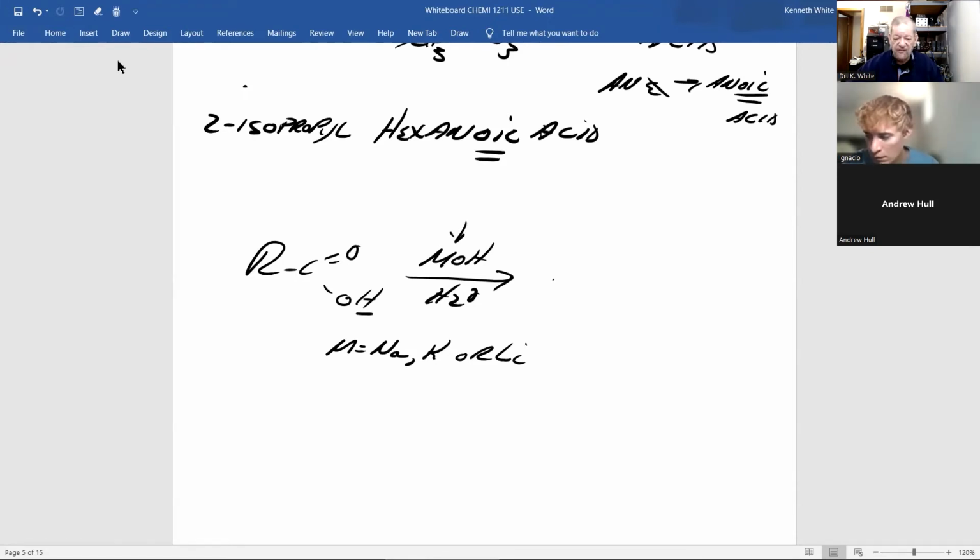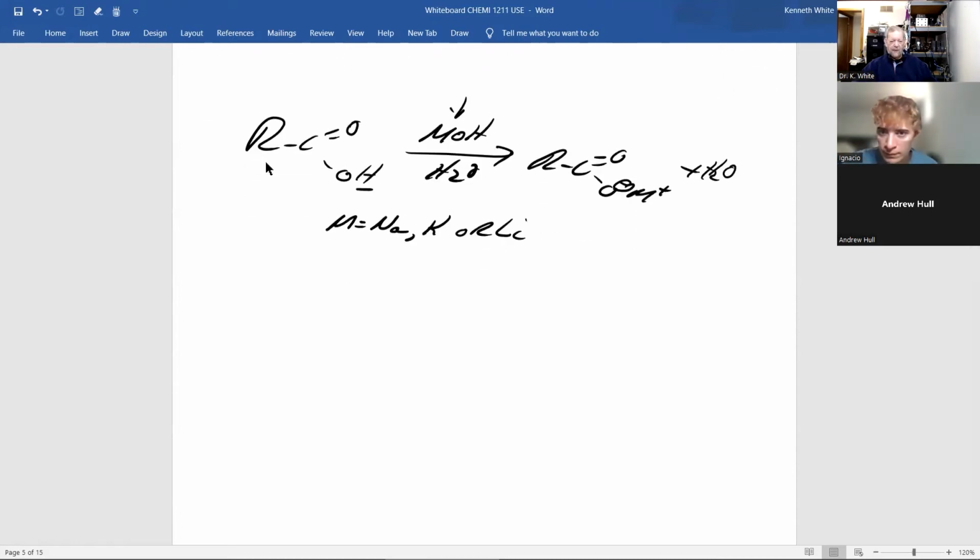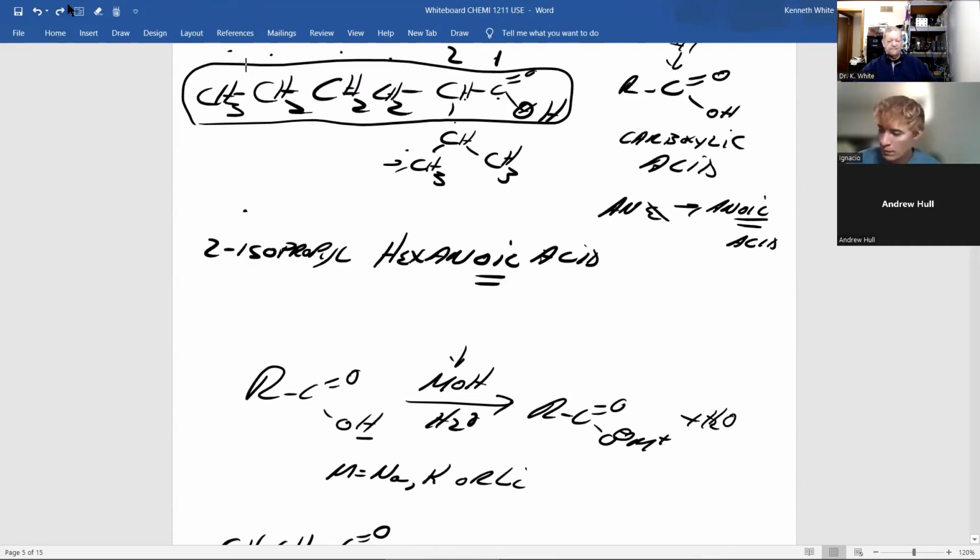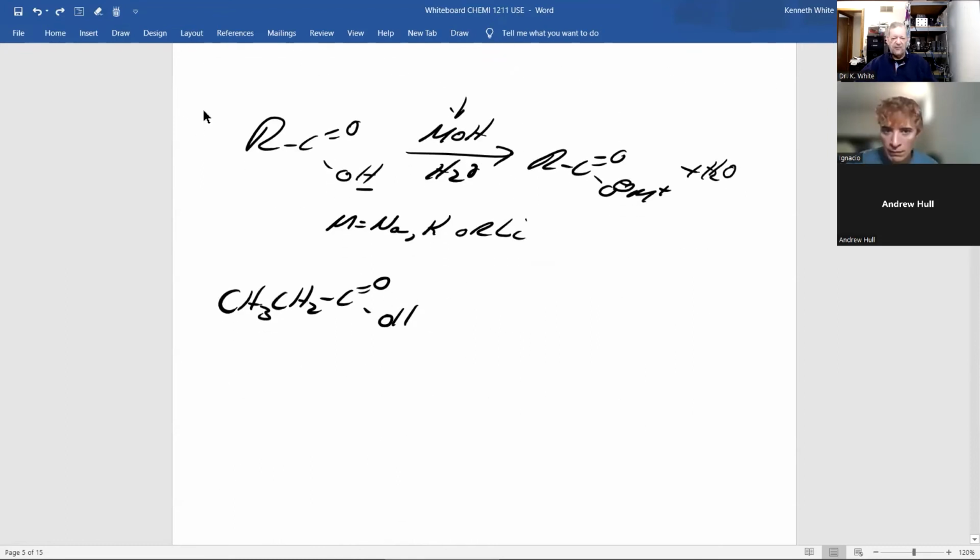This is my base. And that would be the reaction. And sometimes I'll forget to put the water there.